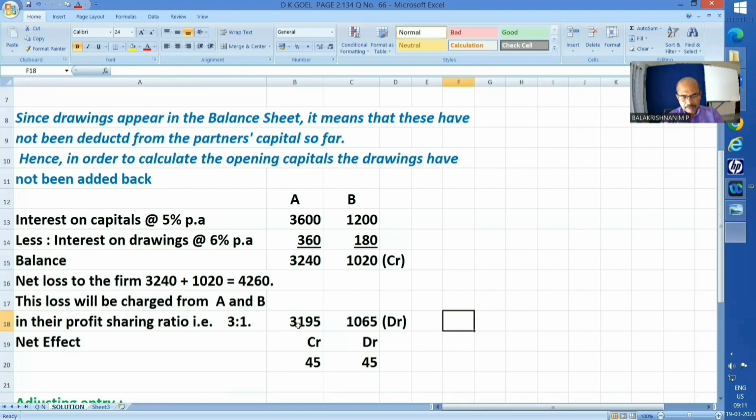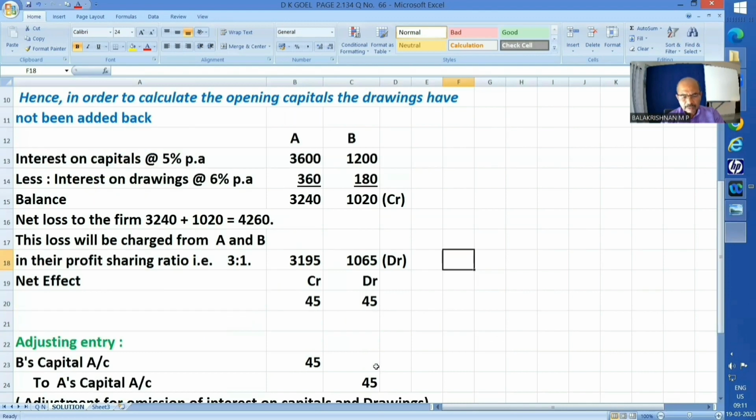It will come 3,195 and 1,065. Net effect is that A has got 3,240 credit and 3,195 debit. That means he has to get a net credit of 45. Whereas this gentleman has got 1,065 debit and a credit of 1,020. That means he will be debited 45.